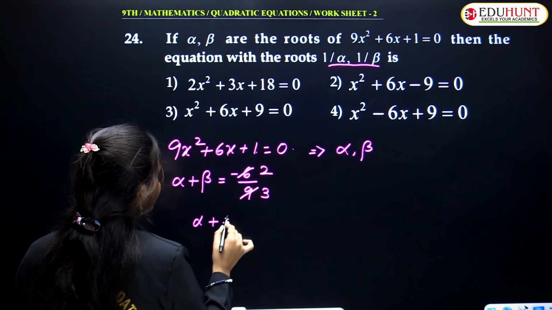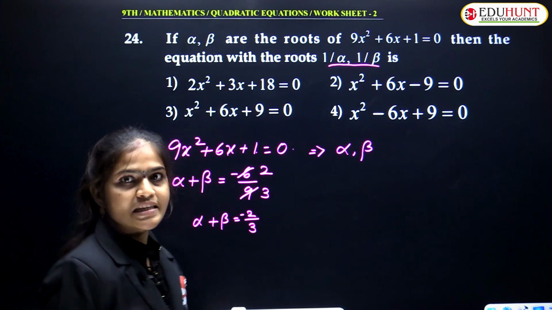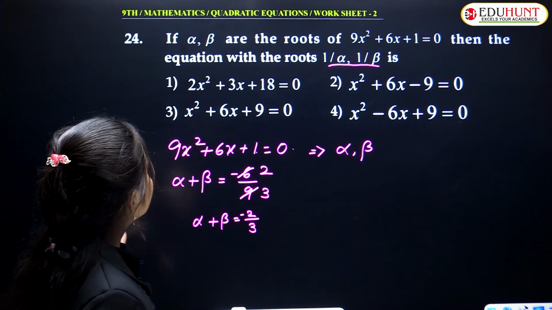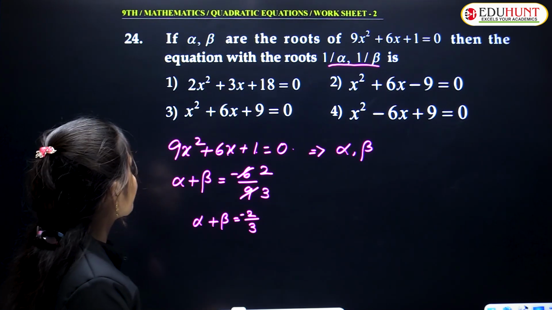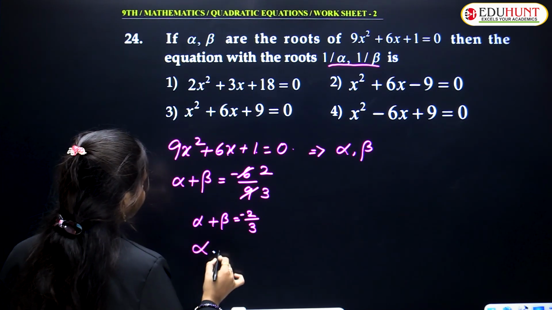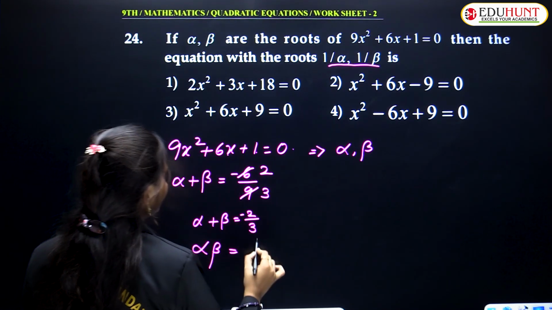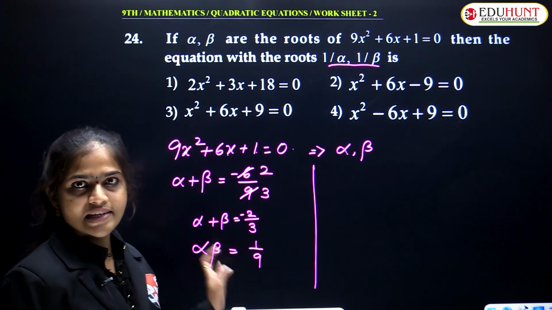So alpha plus beta is equal to minus 2 by 3. Next, alpha beta, from this equation, is 1 by 9. Okay, so keep these two values aside.